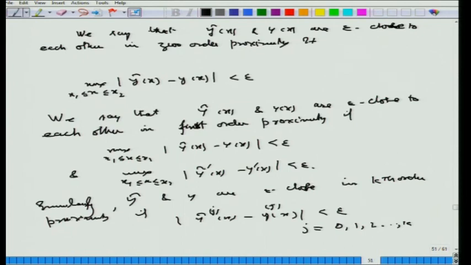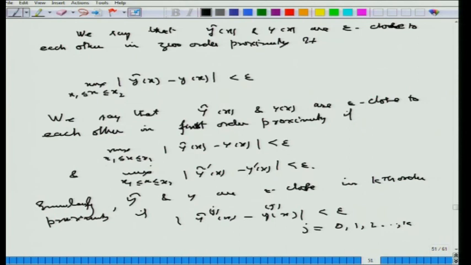Now, we say that y tilde and y are epsilon close to each other in first order proximity if not only the difference between the ordinates of y, but also the difference between the ordinates of the derivatives are epsilon close for all values of x.